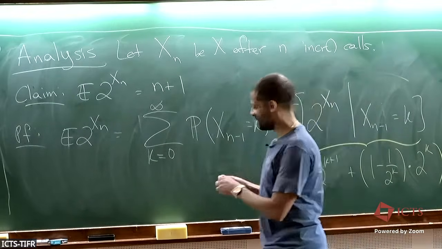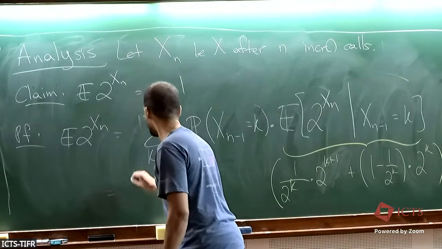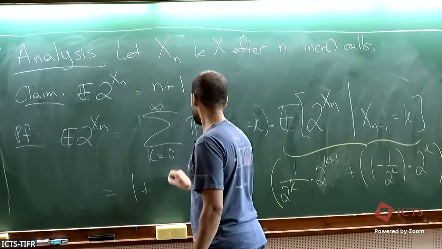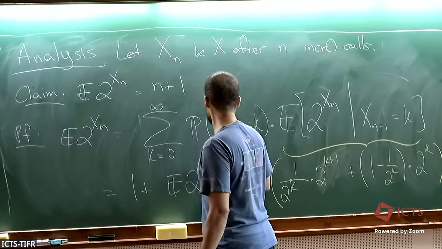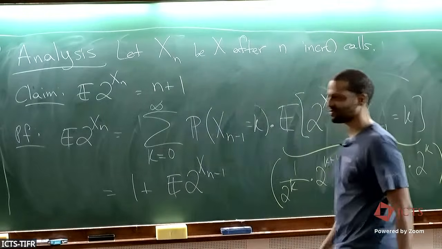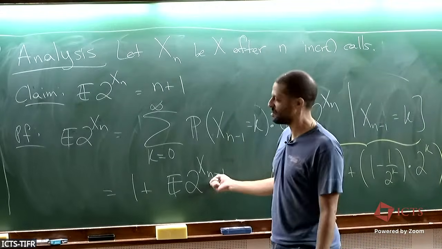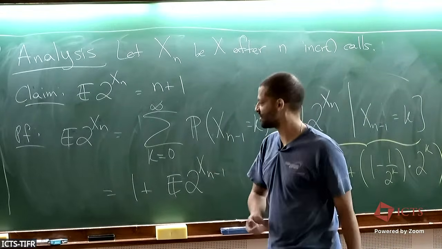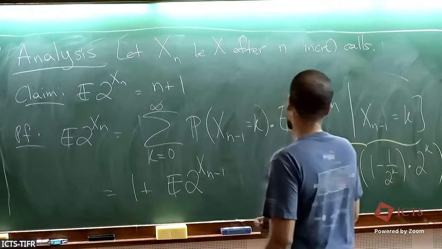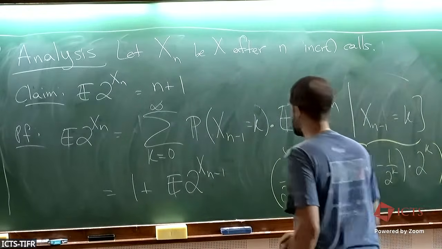So basically, what you get at the end of the day is this is equal to 1 plus the expectation of 2 to the xn minus 1. And then you do induction. This is equal to n minus 1 plus 1, and it all works out by induction.